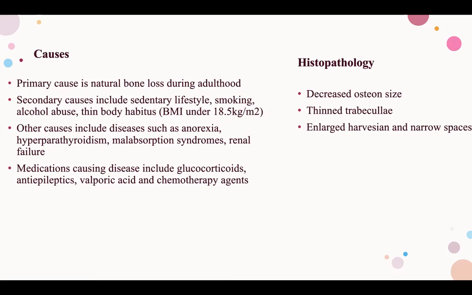Some causes due to disease include anorexia, hyperparathyroidism, malabsorption syndromes, renal failure, and medications that could also cause osteopenia and osteoporosis include glucocorticoids, anti-epileptics, valproic acid, and chemotherapy agents. Osteopenia and osteoporosis are typically characterized by a decrease in the osteon size and thin trabecula with enlarged canals having very narrow spaces within them.